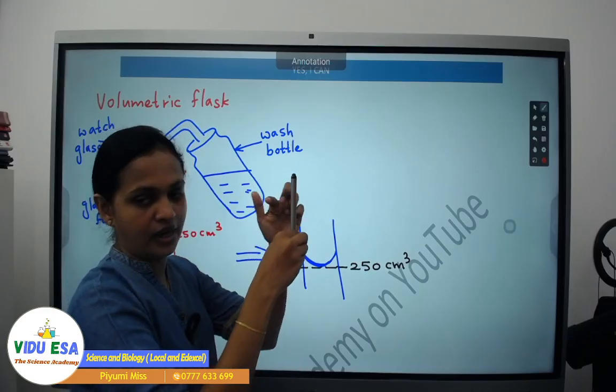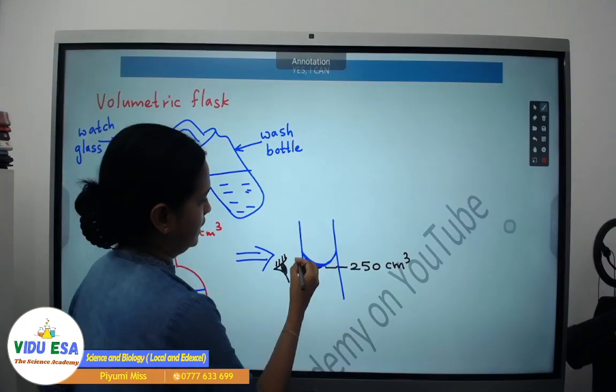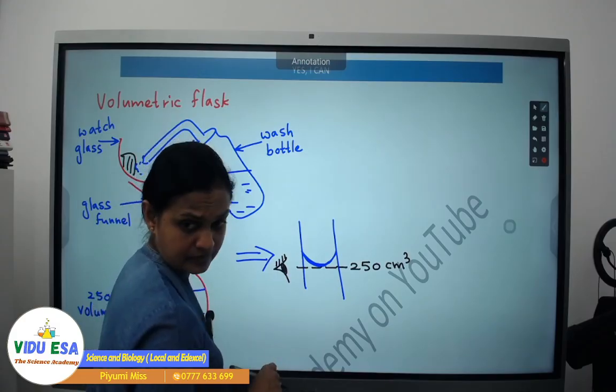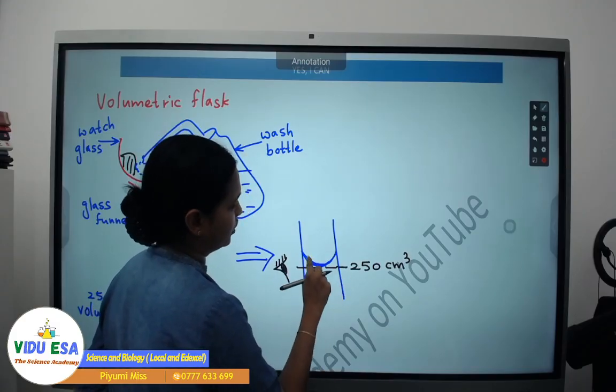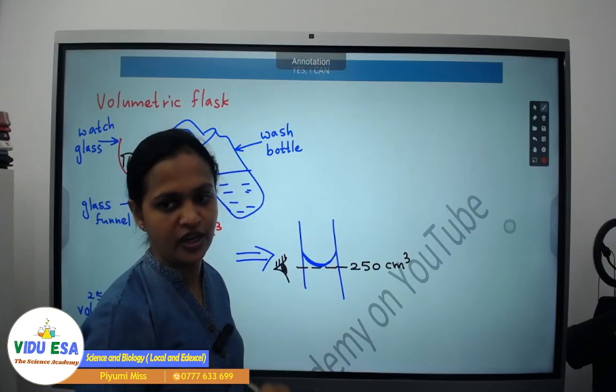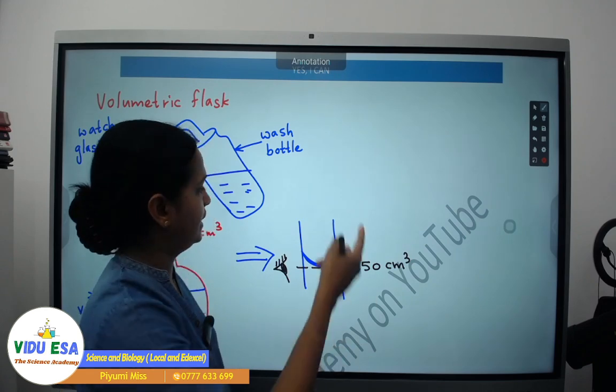It should be at your eye level, right? And the lower meniscus of the liquid should be in contact with this line. Until that, you have to top up by adding distilled water.